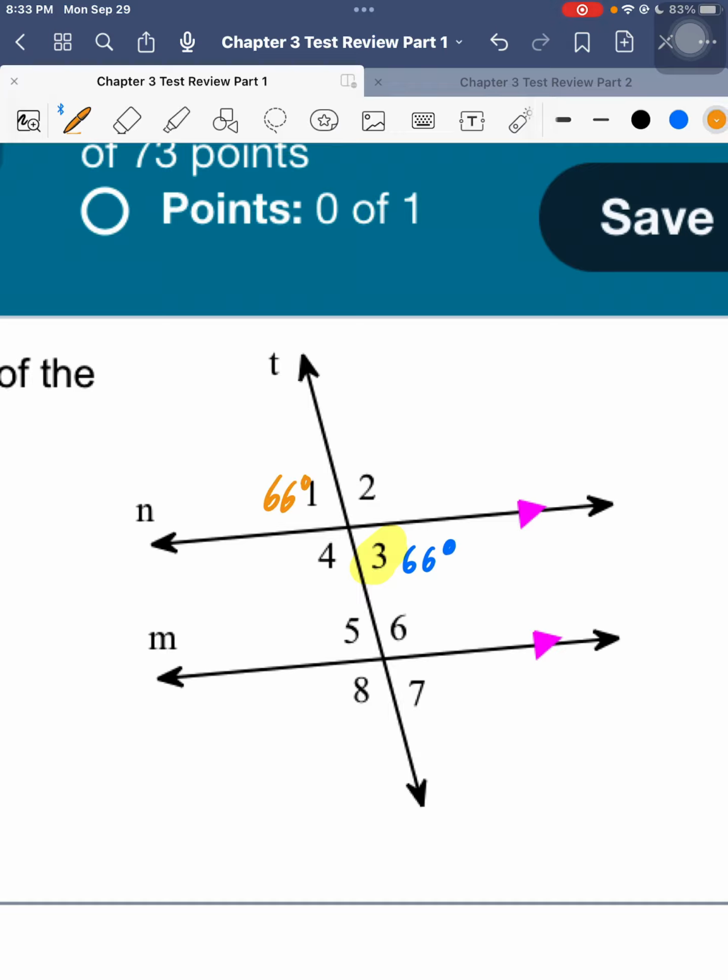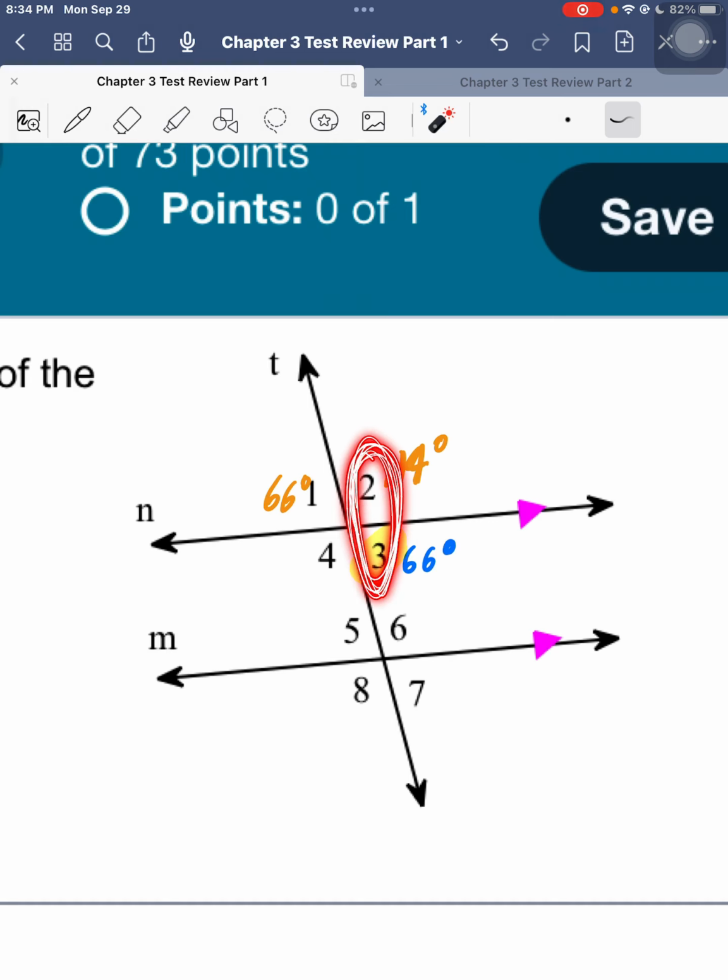Now, we are going to compare everything in reference to measure of angle 3, okay? So now, what's the measure of angle 2? Well, what is 180 minus 66? 114. So this is 114.